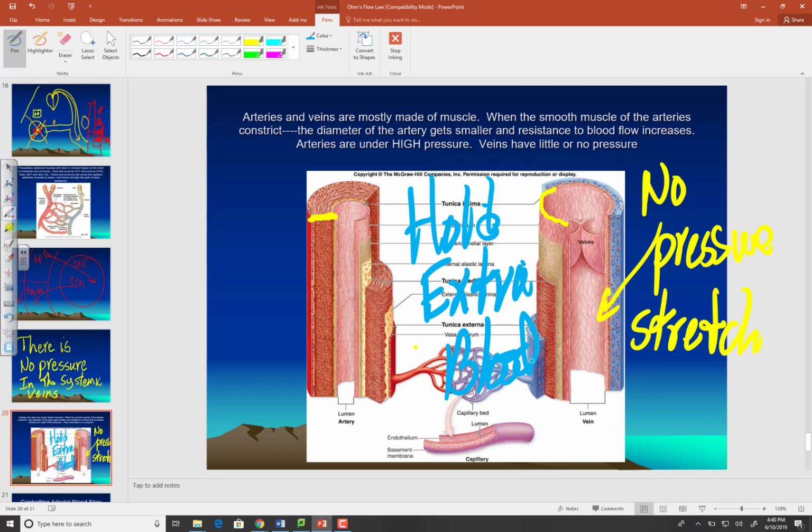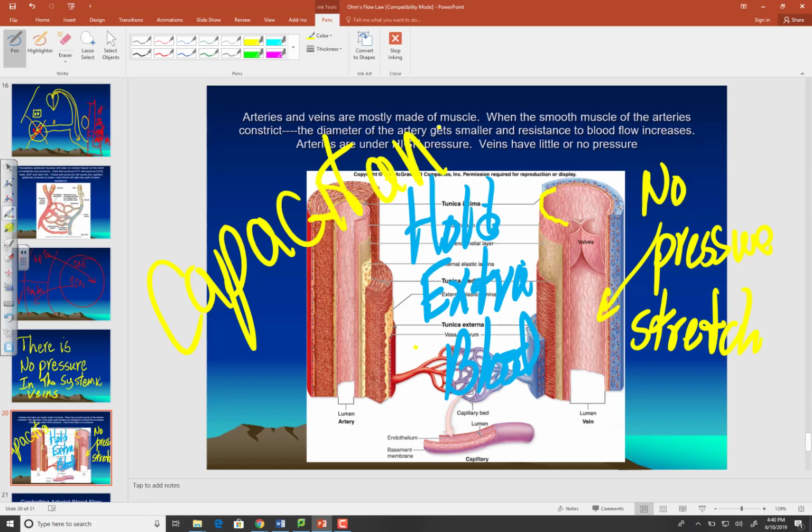So veins, better write this down, veins are referred to as the capacitance vessels. Capacitance, capacity, the ability to hold, so they can stretch and hold extra blood.